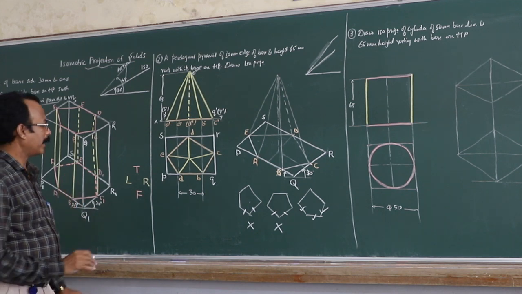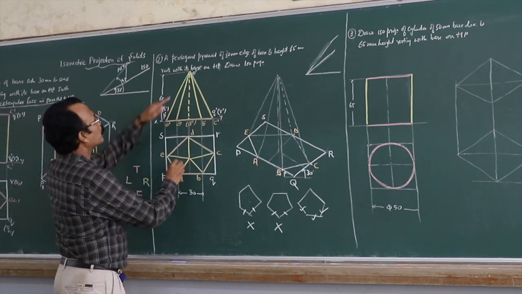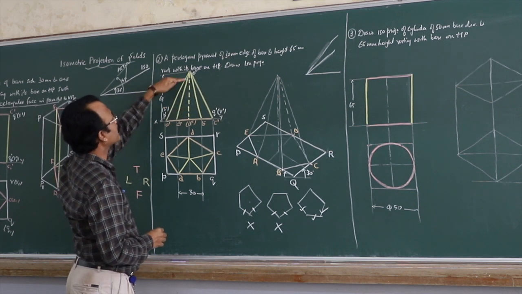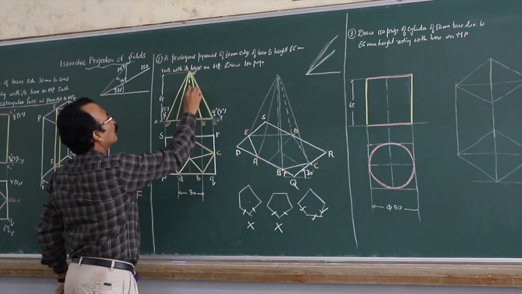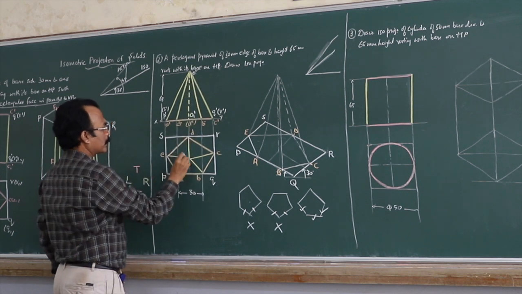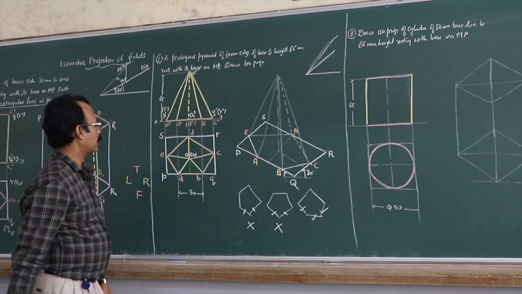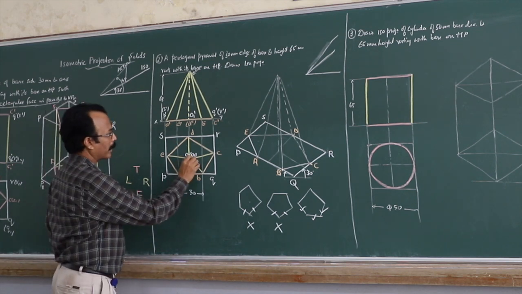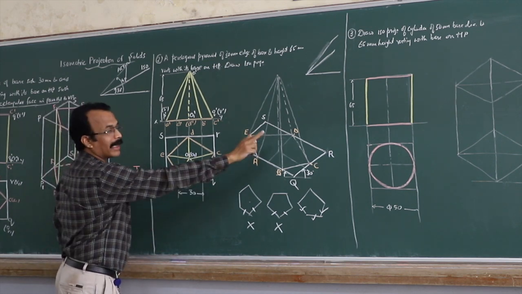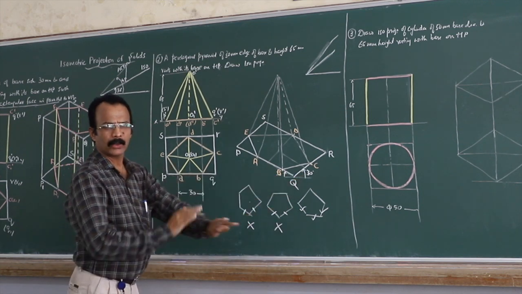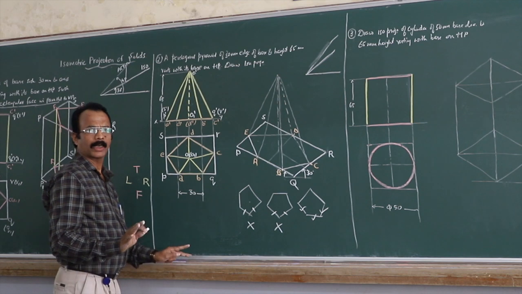Now please concentrate. In order to get this apex, or to draw the slant edges, first I must get this axis O dash, O1 dash. Here it is O, O1 is hidden. Now concentrate. To get this O1, please don't take any angle and draw it there, right? Apart from your 30-degree angle, no other angle you should take in isometric projection.